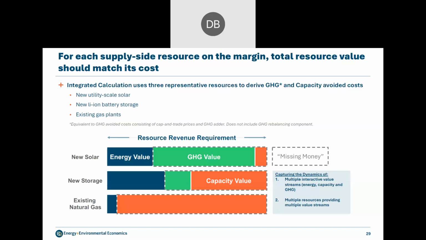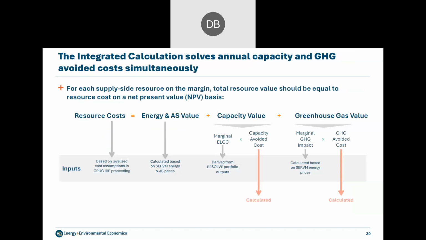And finally, the cost of maintaining existing gas plants is also considered in the calculation. More specifically, the floor of the capacity avoided cost is set to be the O&M cost of maintaining existing gas plants. All right, let's move on to the next slide.